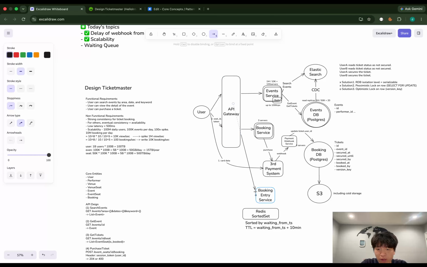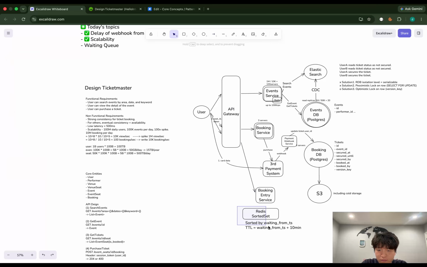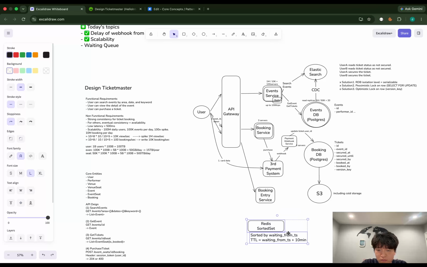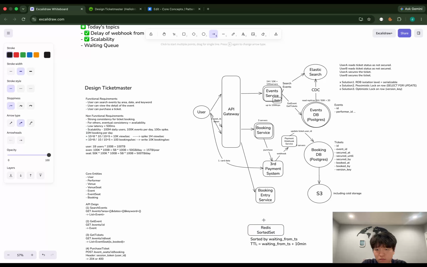So API gateway handles the request to here, and then booking entry service pushes this user into Redis SortedSet. Okay.